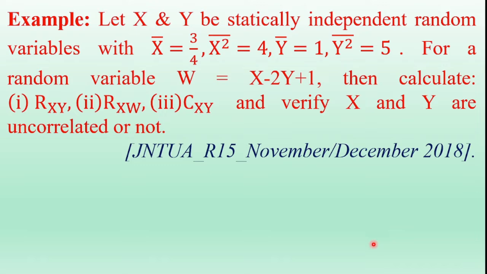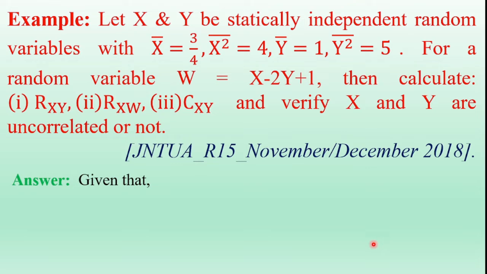For a random variable W equal to X minus 2Y plus 1, calculate R suffix XY, the correlation of X and Y. The second bit is R suffix XW, so find the correlation between X and W. The third bit is to find C suffix XY and verify whether X and Y are uncorrelated or not.